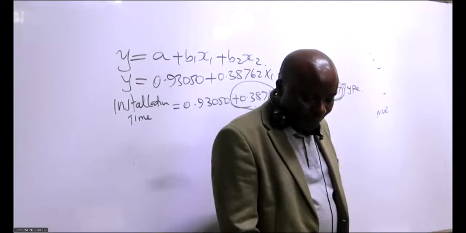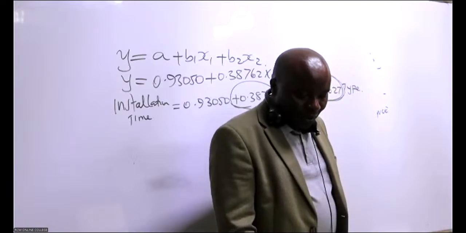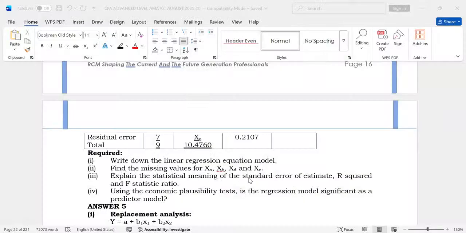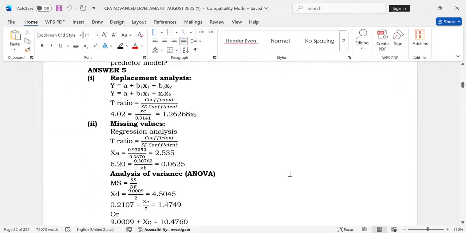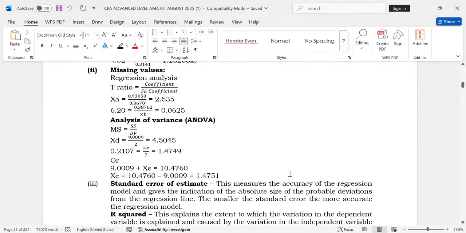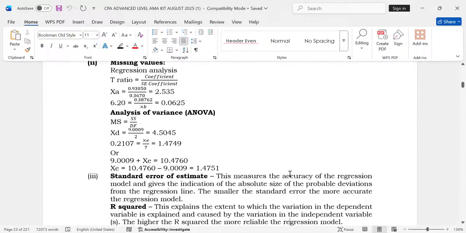In Roman 3, they want us to explain the statistical meaning of the standard error of estimate, R squared, and the F statistics ratio. So we start with the standard error of estimate. Just explanation.